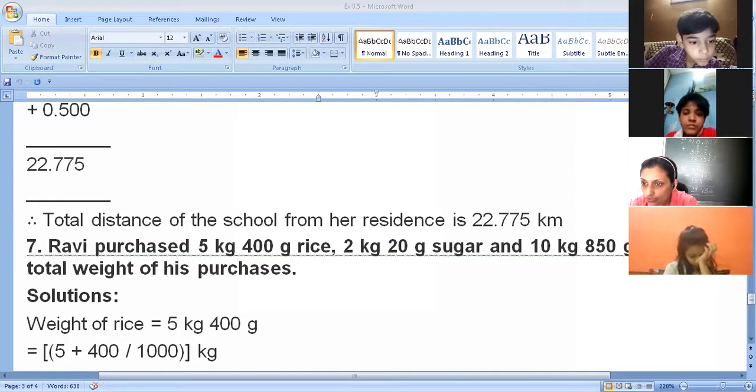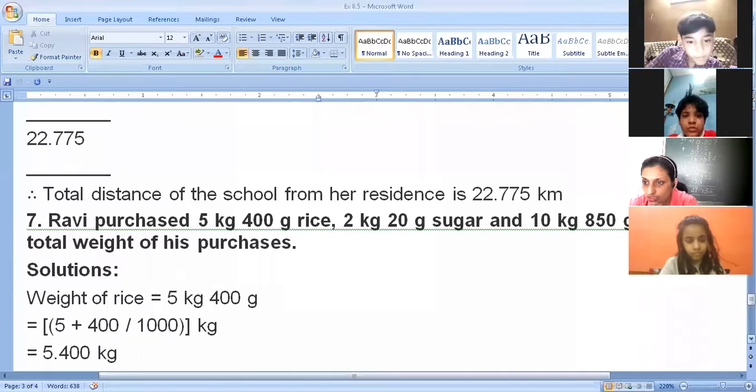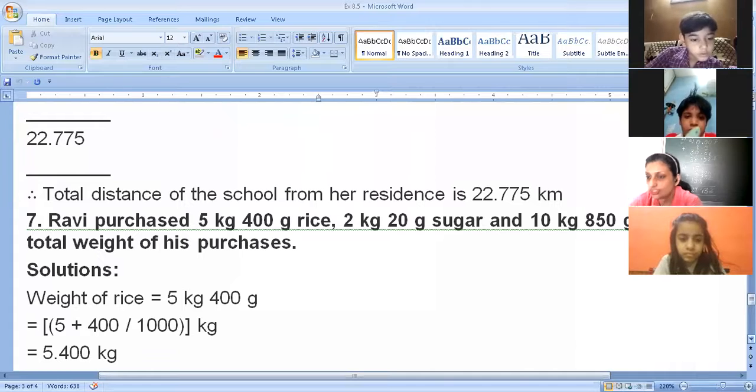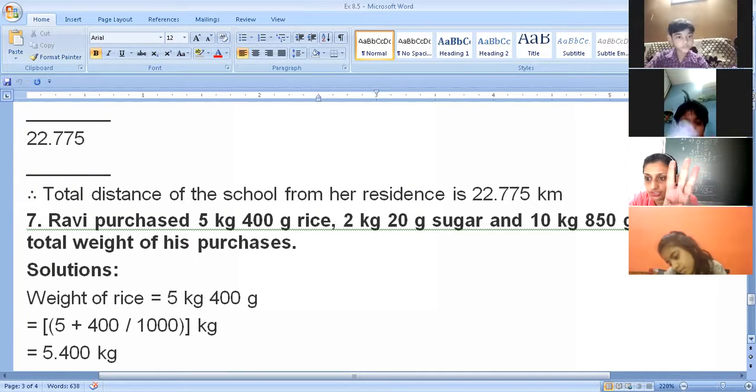So in the denominator, 3 zeros are there. So after decimal, 3 digits will be there. So 0.400. So it will be 5.400. Clear? Understood now? If in the denominator there are 3 zeros, then after decimal there will be 3 digits.